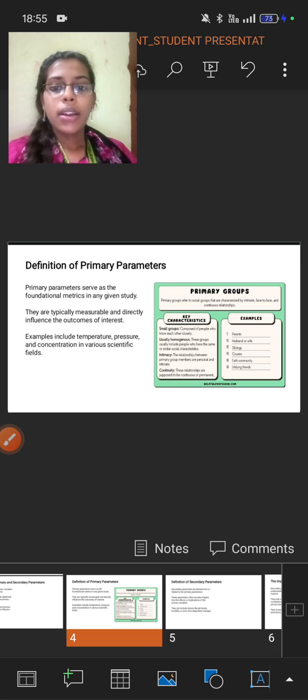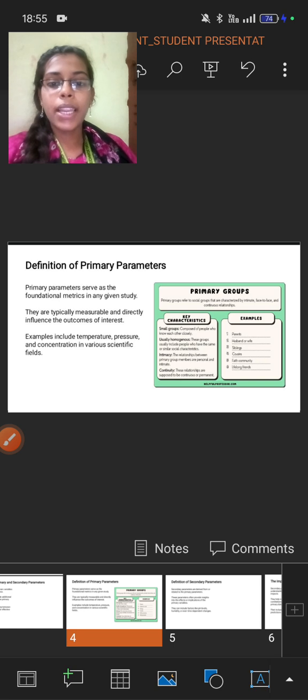Next one, definition of primary parameters. Primary parameters serve as the fundamental metrics in any given condition. In any given study, they are typically measurable and directly influence the outcome of interest.